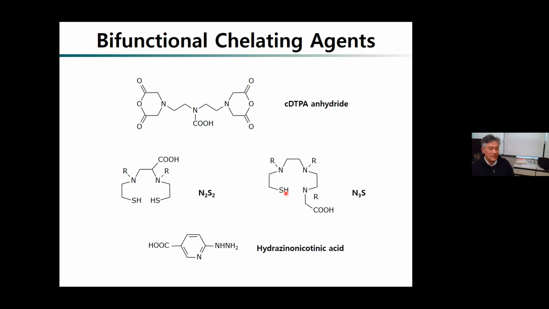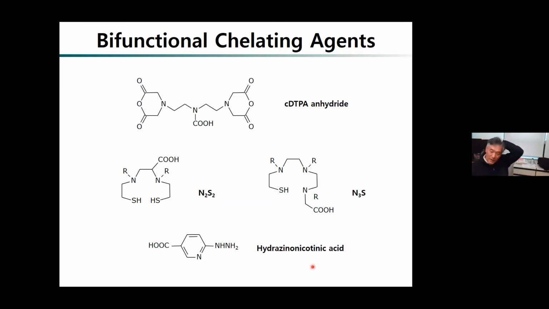Here you can see several different types of technetium labeling chelating agents. DTPA or cyclic DTPA is the first generation of technetium labeling compound, and another chelator is the N2S2 diamino dithiol group, and also N3S, sometimes triamino one thiol group, and hydrazinonicotinic acid.